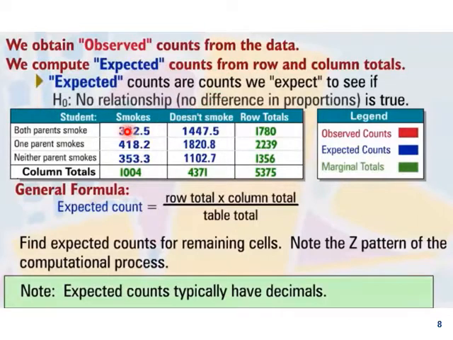So when we calculate the expected counts, we assume the null hypothesis is true, so there is no relationship, no difference in proportions. So we got the general formula from here. Just remember, observed is what we got and expected is what we calculated.